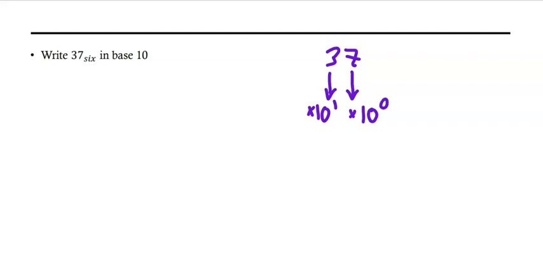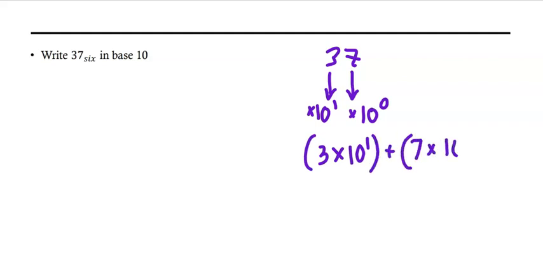If we expand that out, 3 times 10 to the first plus 7 times 10 to the 0 power, then 3 times 10 to the first is just 3 times 10. That's 30. 7 times 10 to the 0, well, anything to the 0 power is 1. So 7 times 1 is 7. And you see that, yes, that is the number 37 base 10 that we are typically familiar with.